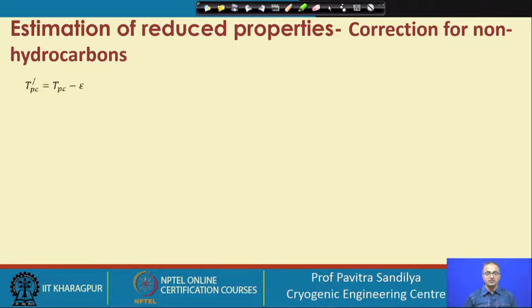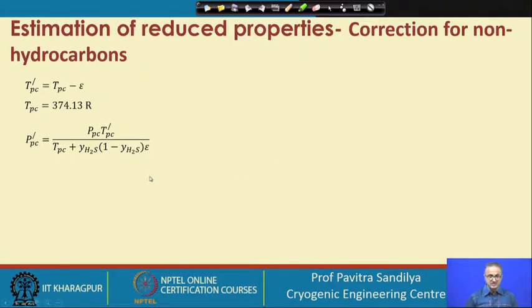Now, here we go for some correction factors, because whenever we have some non-hydrocarbons, as we learnt earlier, we have to apply some corrections for the presence of the non-hydrocarbon gases. So, in these cases, we have the corrections for the H2S, and here we shall be applying the correction factor like this: T prime represents the corrected pseudo critical temperature, which is given as the pseudo critical temperature minus epsilon, and we shall see how to find epsilon.